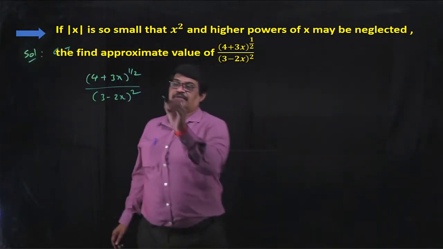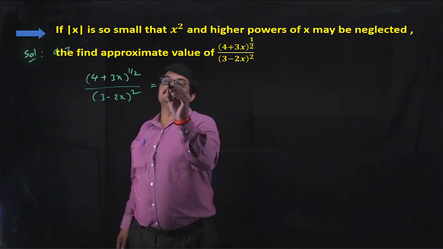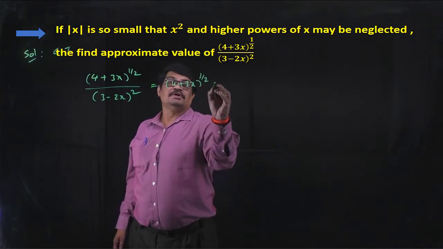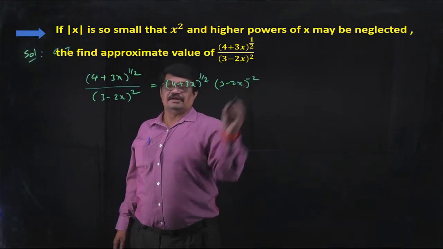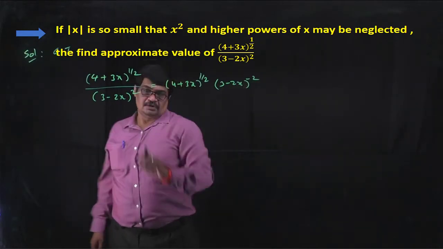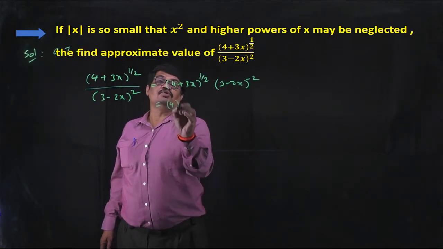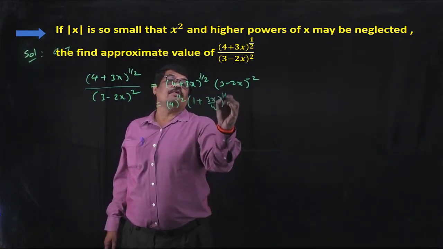Now this is the expression. Now we are simplifying this one. So that is (4 plus 3x) whole power 1 by 2, and here (3 minus 2x) whole power minus 2, moving to the numerator. Here 4 is common: 4 to the power of 1 by 2 into (1 plus 3x by 4) whole power 1 by 2.